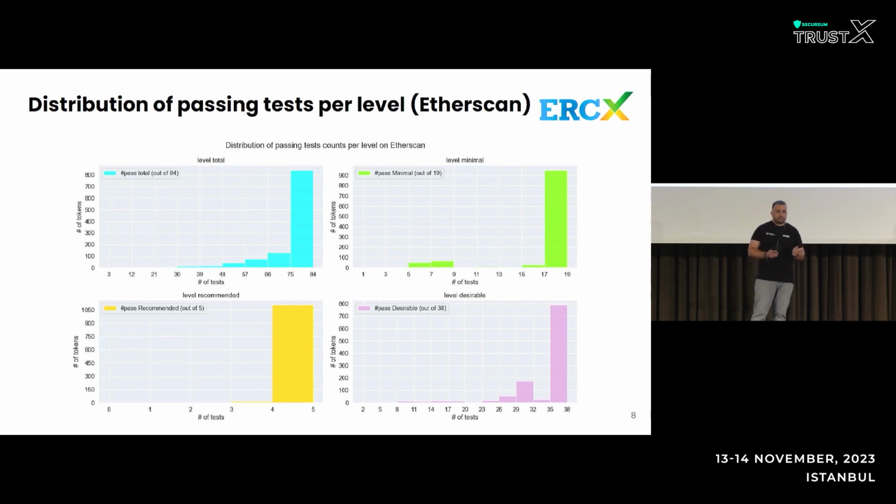The tokens that do not satisfy the minimal tests are usually the tokens that do not properly handle the zero amount. For instance, BNB would revert on transferring a zero amount of tokens, whereas this is something that is prescribed by the standard. As for the desirable tests, this is pretty normal. These are harder properties to satisfy, and thus fewer tokens satisfy them.